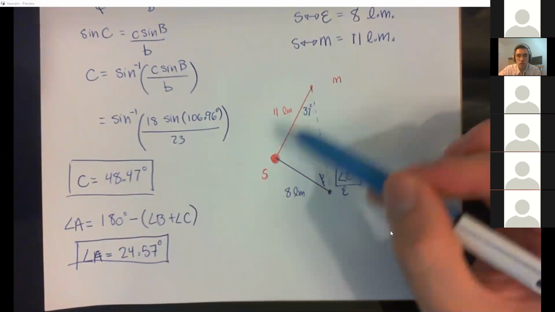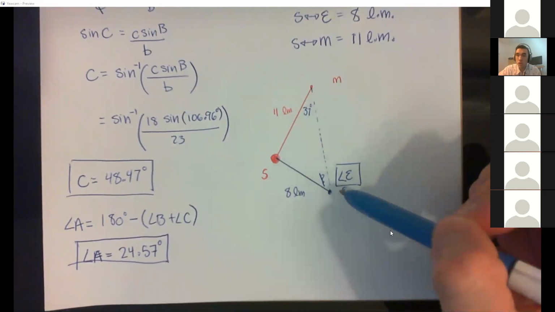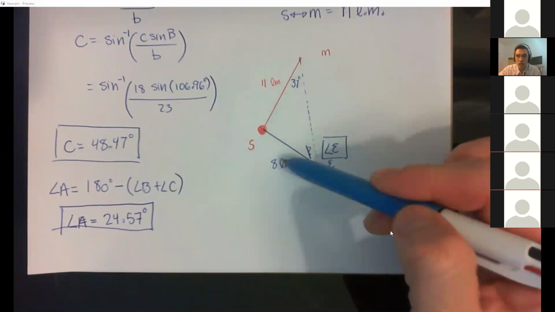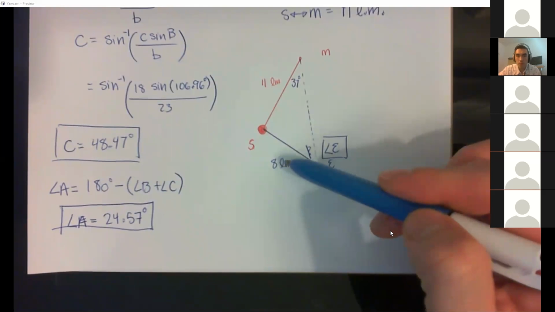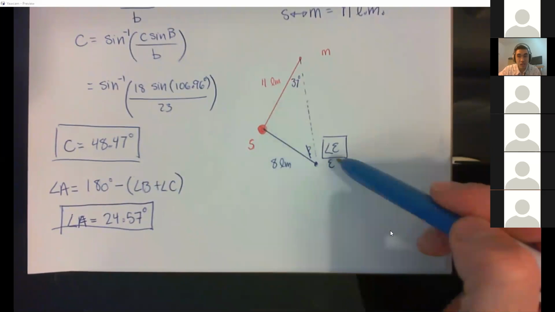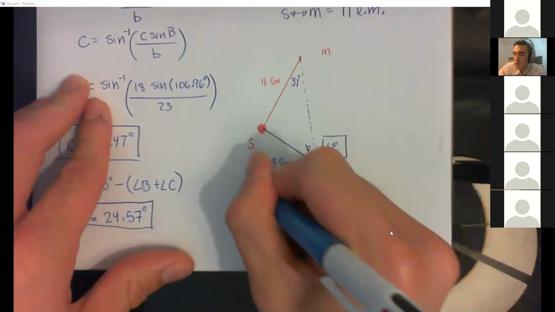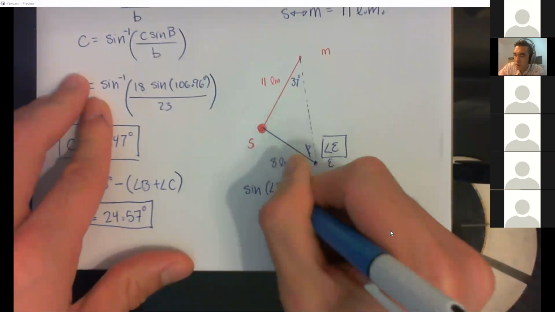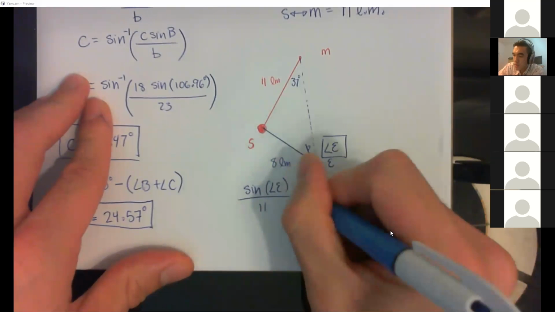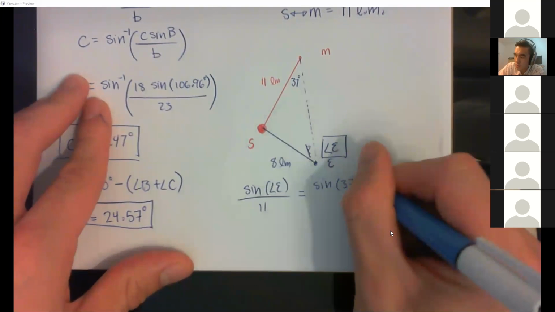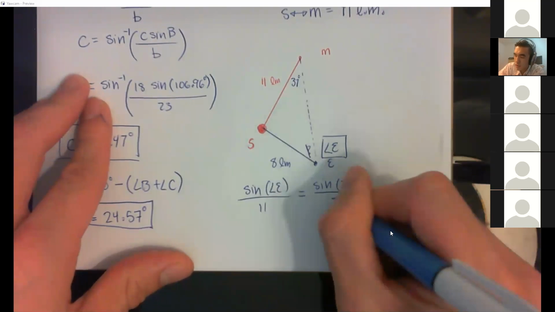And so using these relationships, we can solve for this really quickly with the law of sines, yeah? So notice 37 and 8, that's an opposite side-angle pair. 11 and angle E also constitutes a side-angle pair. So here, sine of the angle viewed from Earth divided by 11 has to be equal to sine of 37 divided by 8.